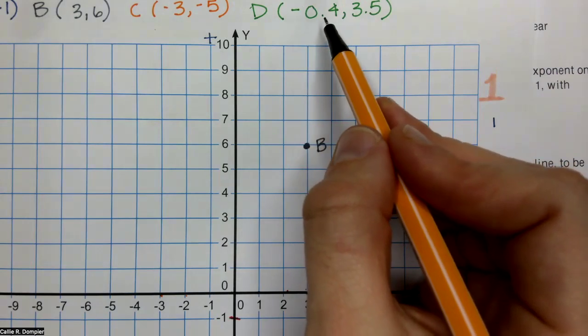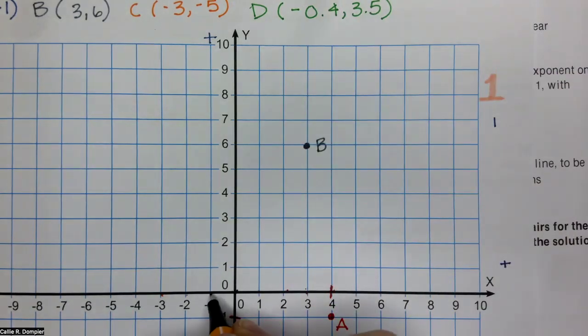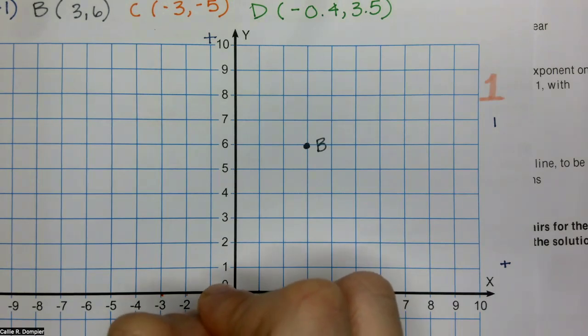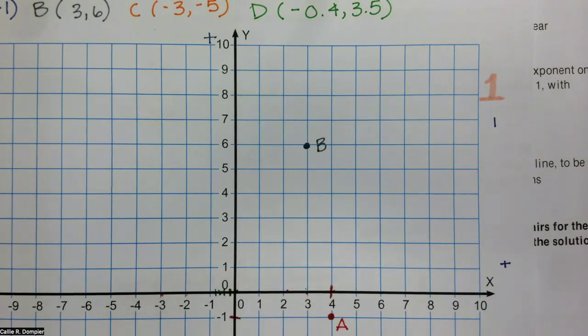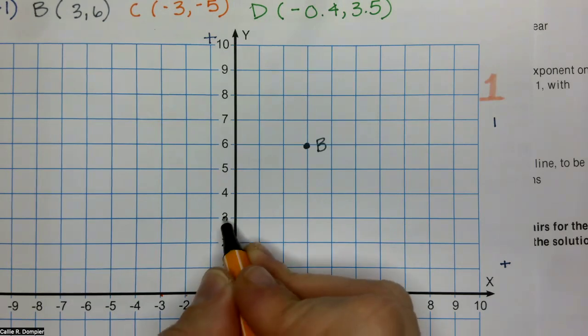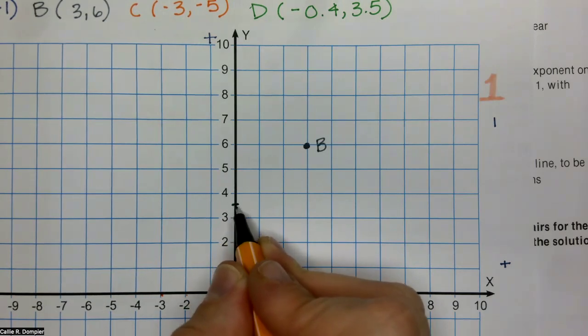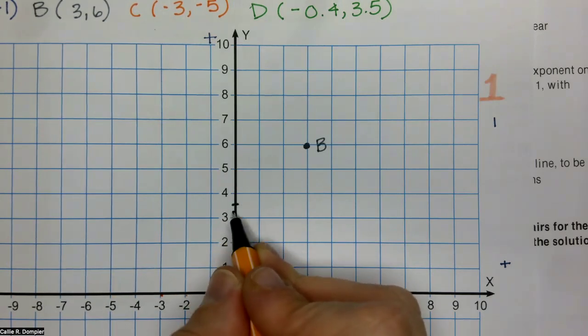So for -0.4, between these two, imagine 10 spaces, okay? I'm just going to count by twos because I don't have much space. 2, 4, 6, 8, 10, right? So -0.4 is going to be 0.2, 0.4. We're just going to count 4 of those 10 places. And then +3.5: 5 is halfway between 0 and 10, right?